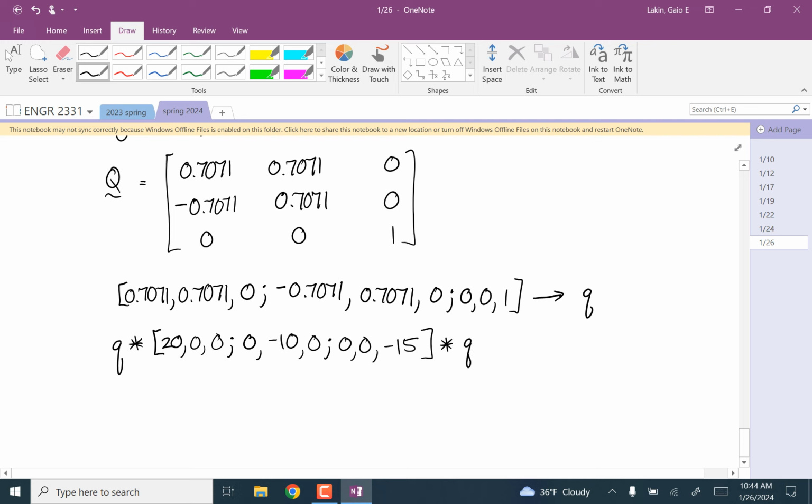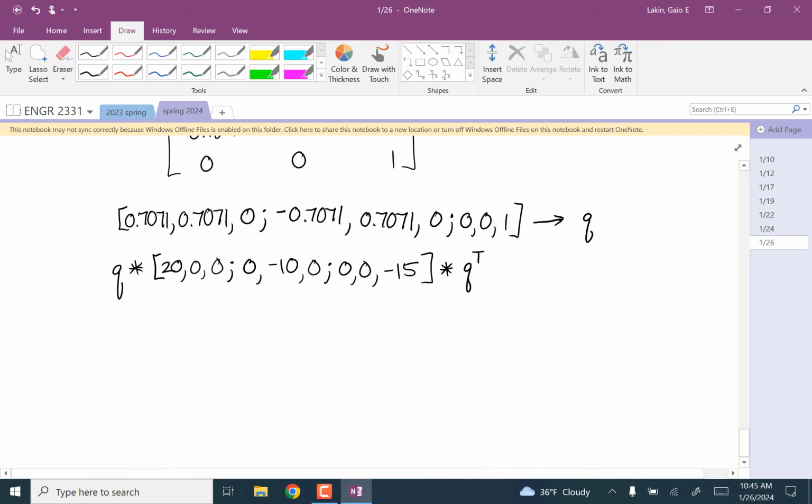Then multiply by Q, hit the transpose button. Did everyone find that transpose function? Okay. And it'll give you an answer of 5, negative 15, 0, negative 15, 5, 0, 0, 0, negative 15.